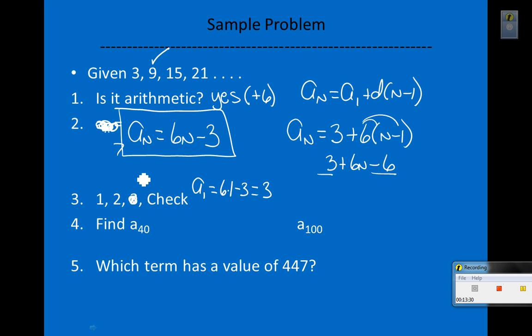The rest is easy. It says find a sub 40. What you're doing here is finding the value of the 40th term. So to do that, I'm going to say a sub 40 equals 6 times 40 minus 3. I'll run that through my calculator, and I'm going to get 237.